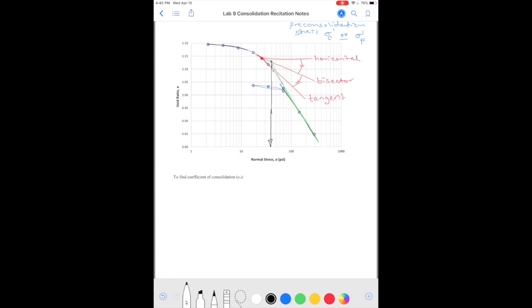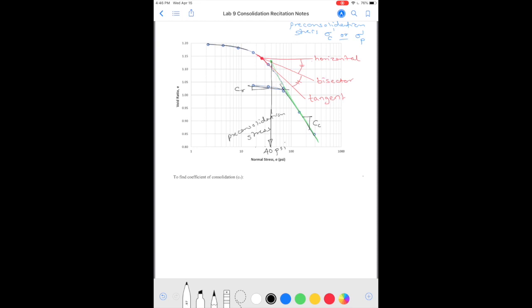So in this case, it is going to be 20, 30, 40 psi that is the pre-consolidation stress. Okay, so you will be doing this kind of construction, originally suggested by a researcher called Casagrande, and you will find the pre-consolidation stress, compression index, and this slope as the recompression index. So these three properties will come out of the data so far.